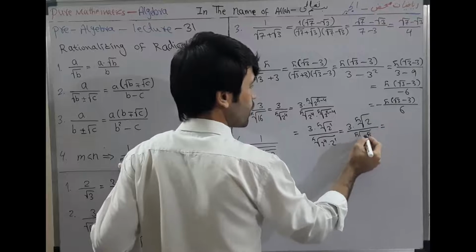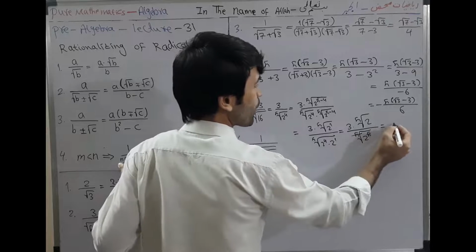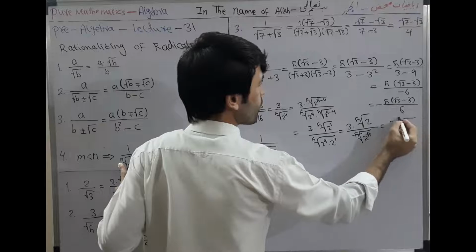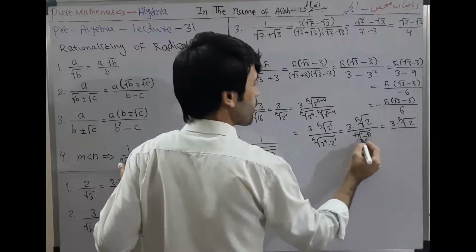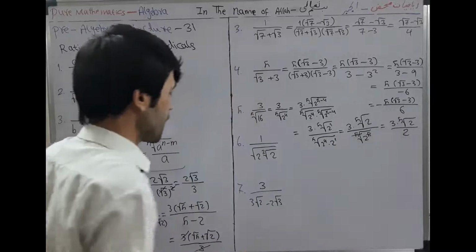It is equal to 3 into the fifth root of 3 over the fifth root of 3 to the power 5. These two cancel, then we get 3 into the fifth root of 3 over 3. It is the answer.